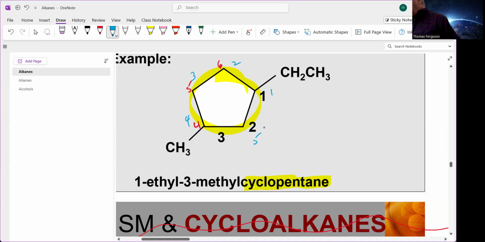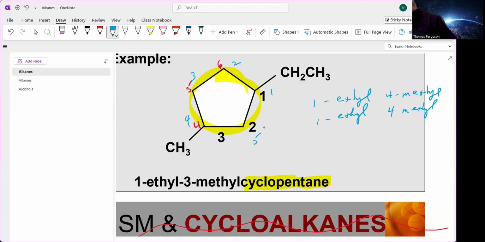And then we can name it by looking at the blue numbering. That's going to be 1 ethyl, 4 methyl. If we use the black and red numbering, it's going to be 1 ethyl, 4 methyl. So which is correct? They're the same, right? Easy. They're both the same. So it doesn't matter which way you number it on this one.